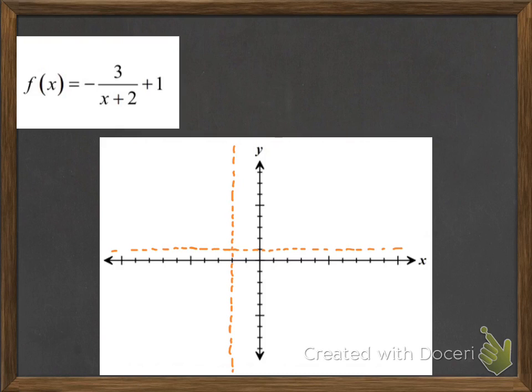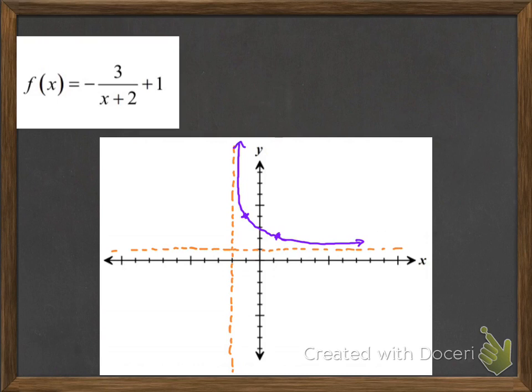So over 1, up 1, 2, 3 would put me here, and then over 3 and up 1 would give me a point about right here. And let me put those in a different color here. And then drawing the graph, going through those 2 points and towards the asymptotes.